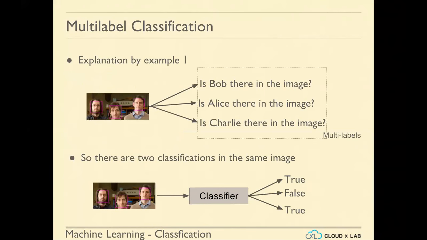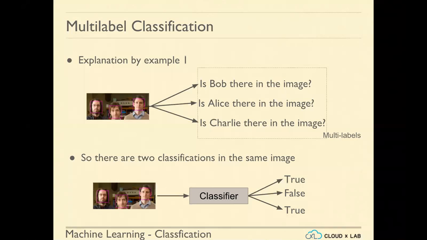Now, the next problem in classification is multi-label classification. So far what we have done is multi-class. Multi-class means there were multiple different values on the right-hand side, and one image needs to be categorized into one of the classes.